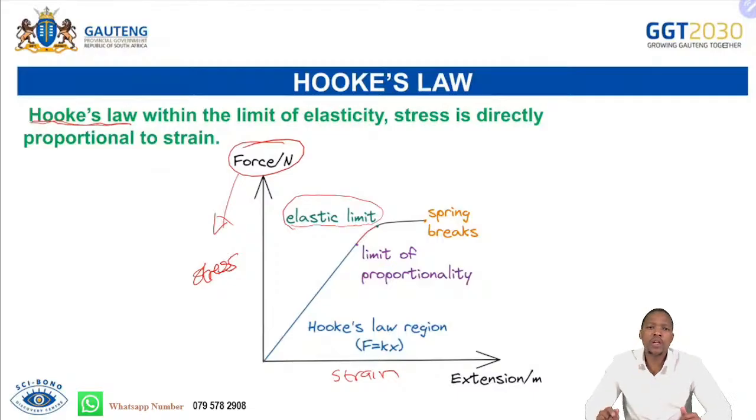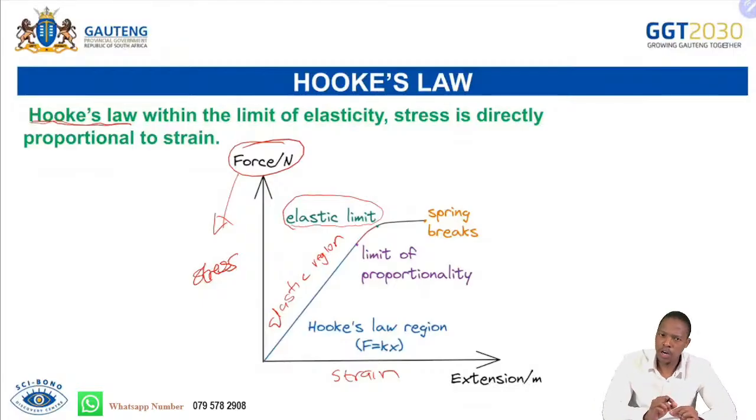It's important that we know this graph and we understand what this graph means. So this is where we are having the elastic region. So it means here the object is still elastic. By elastic, what we mean? It means the object is still going to regain its original shape and size when we remove the deforming force. Imagine this object was a spring. You know a spring. If you pull a spring, it goes back to its original position, right?